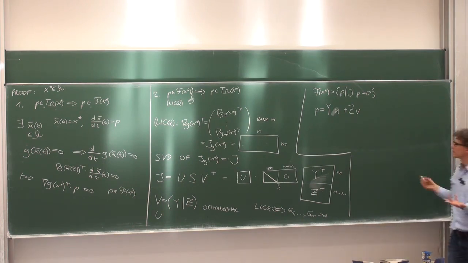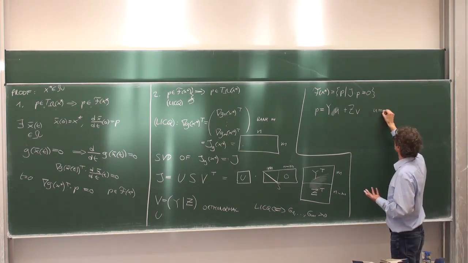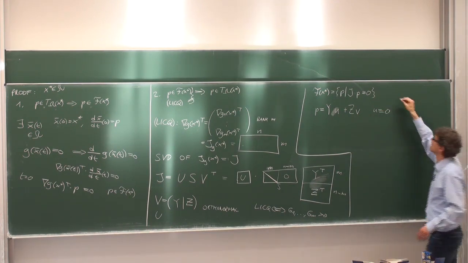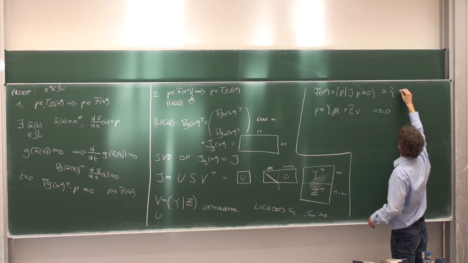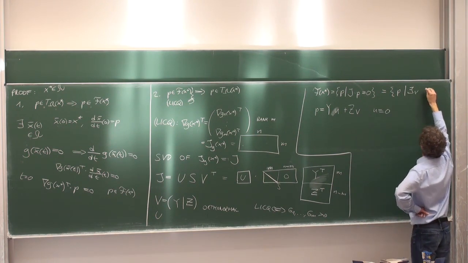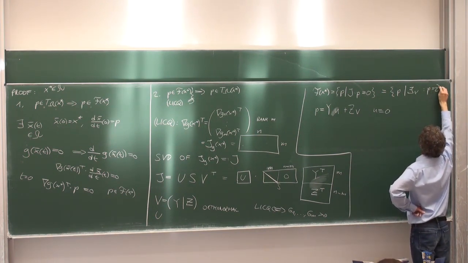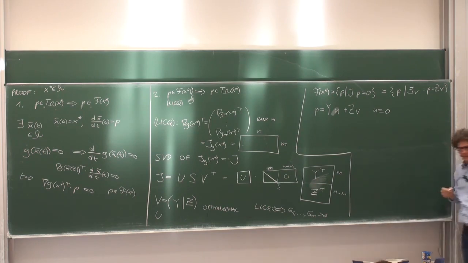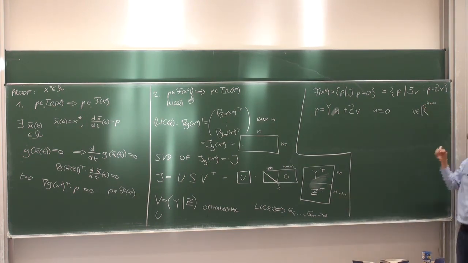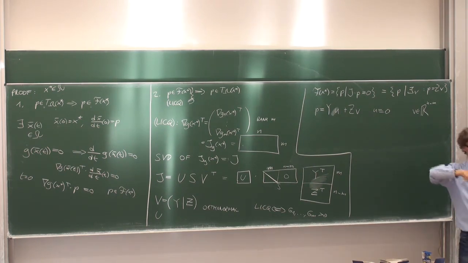Then I know directly that u must be identical to 0, and I can directly say that this is the set of all p such that there exists a v with p equals Z times v. And v is of course in the appropriate space. I could say v should be an element of R to the n minus m. So these are the remaining degrees of freedom, and that's a parameterization of our null space.